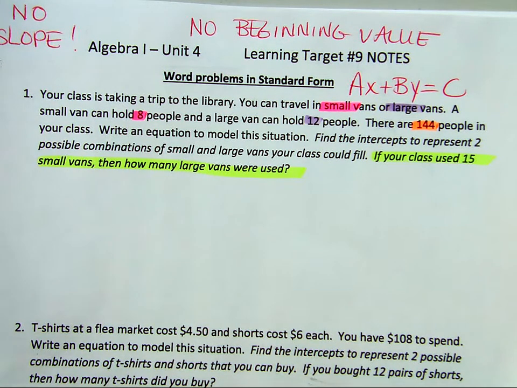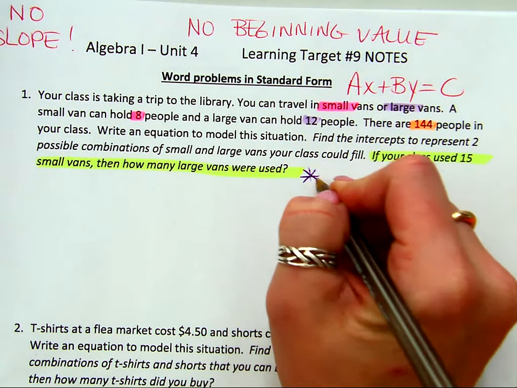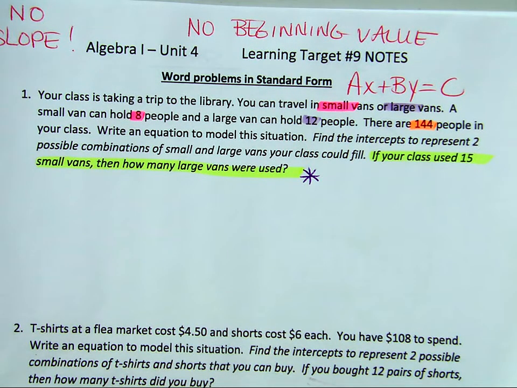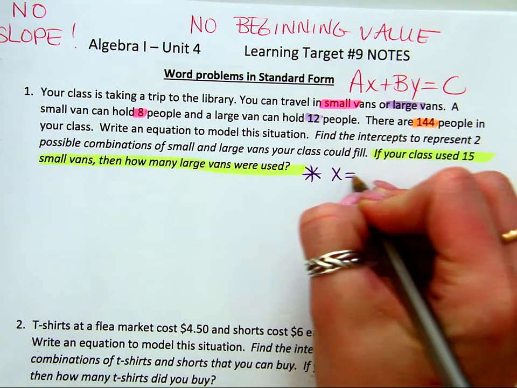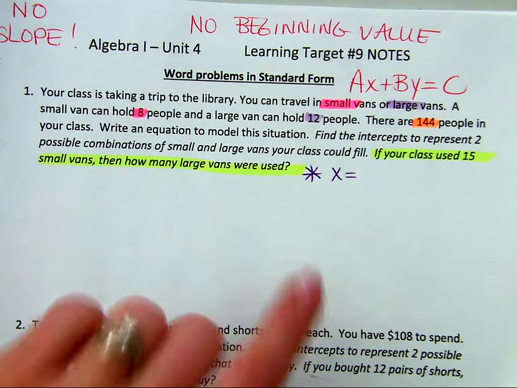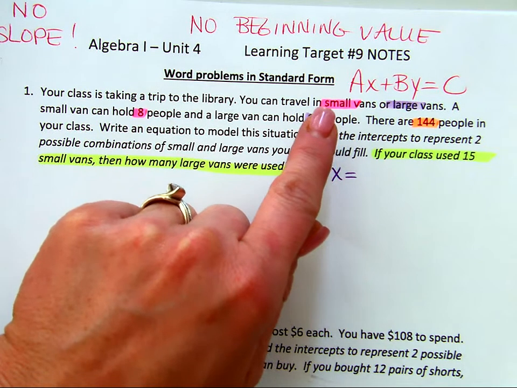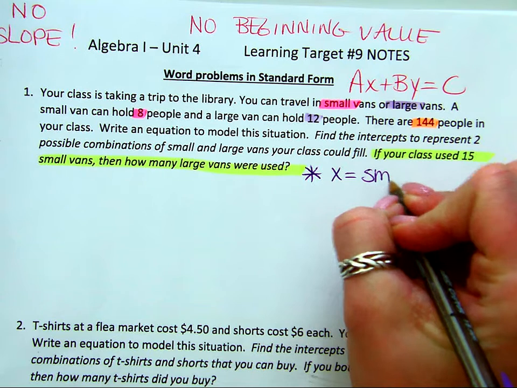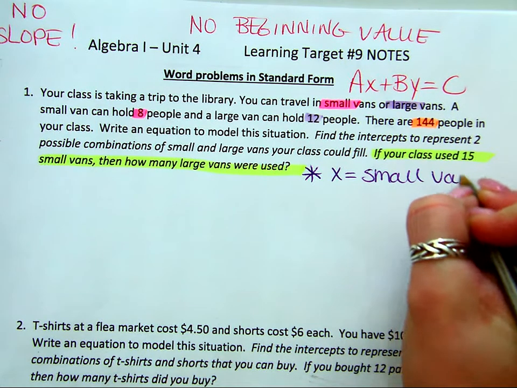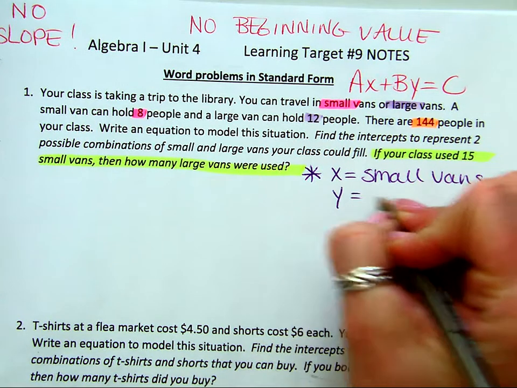But before I do that, I want you to do one thing off to the side here, and it's really important. You know how we use C for cost and H for hours and all that stuff? I want you to put over here, and here's how you're going to know what to put. Small was mentioned in the problem before large, so X is going to be the small, which means Y is going to be the large.